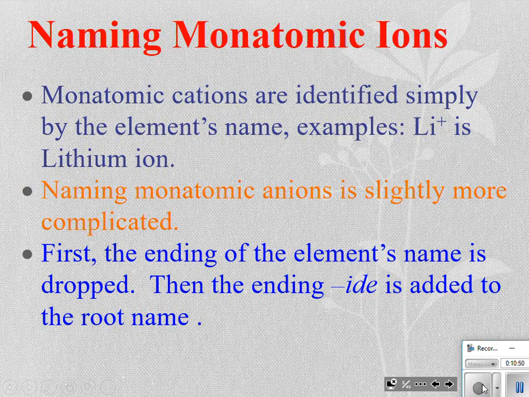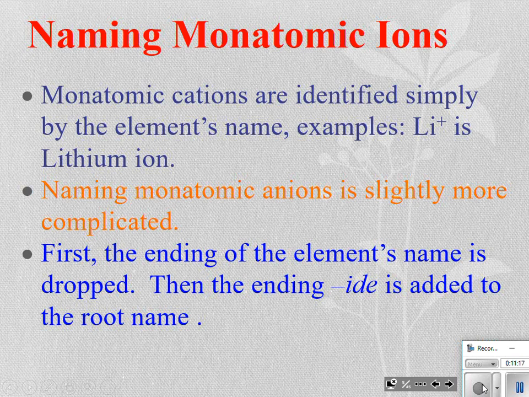It's a little bit different for anions. Okay? Anions are the negative ions. They are gaining electrons. What type of elements want to gain electrons? Halogens, and those are called what? Generalization is a nonmetal. The nonmetals want to gain electrons.